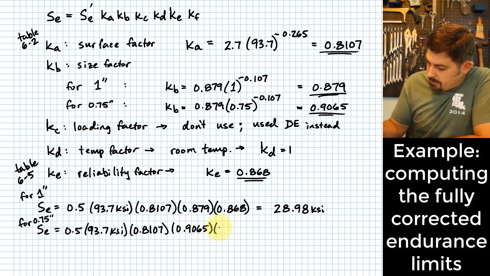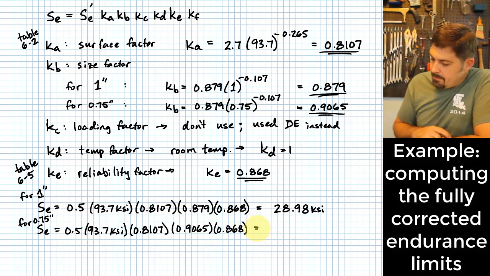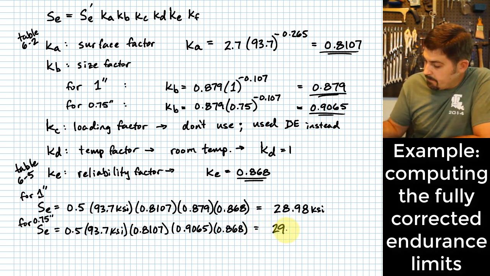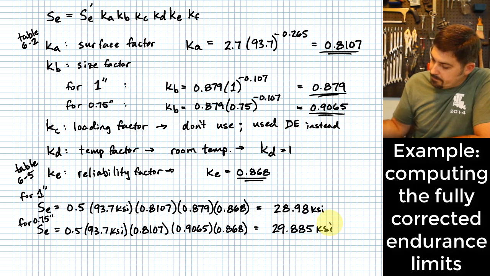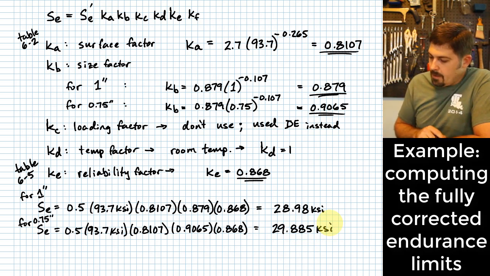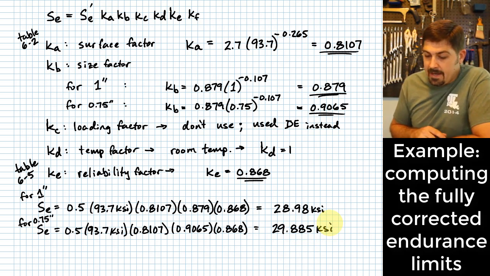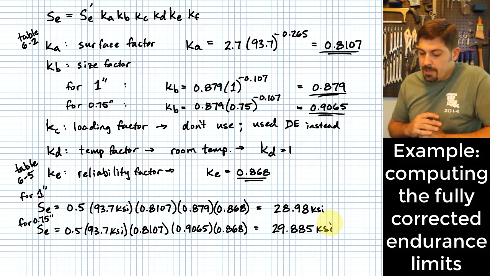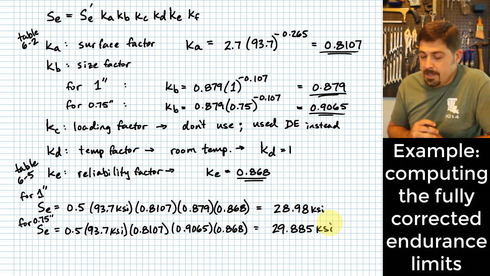Everything else stayed the same. When we plug all these in, we end up with 29.885 KSI. So that is the fully corrected endurance limit S sub E. We're getting real close now.